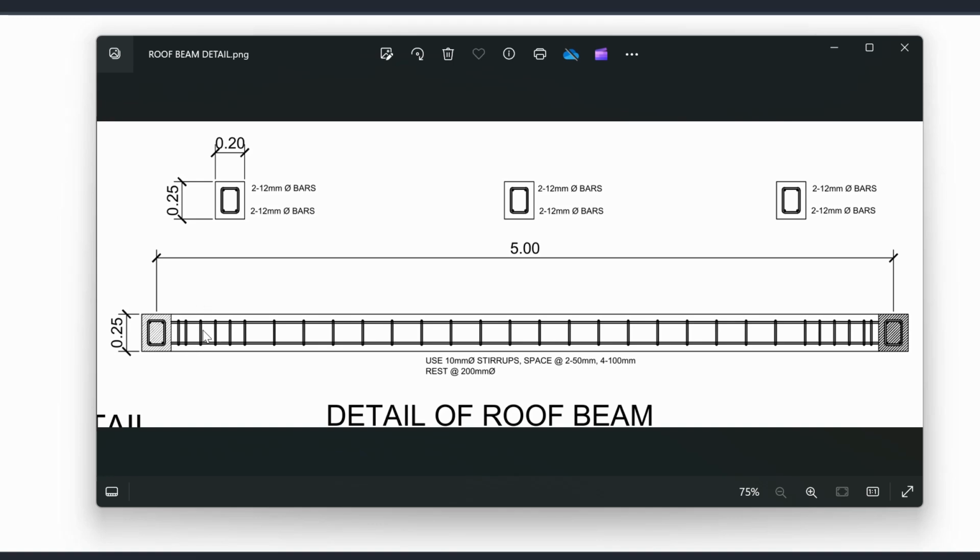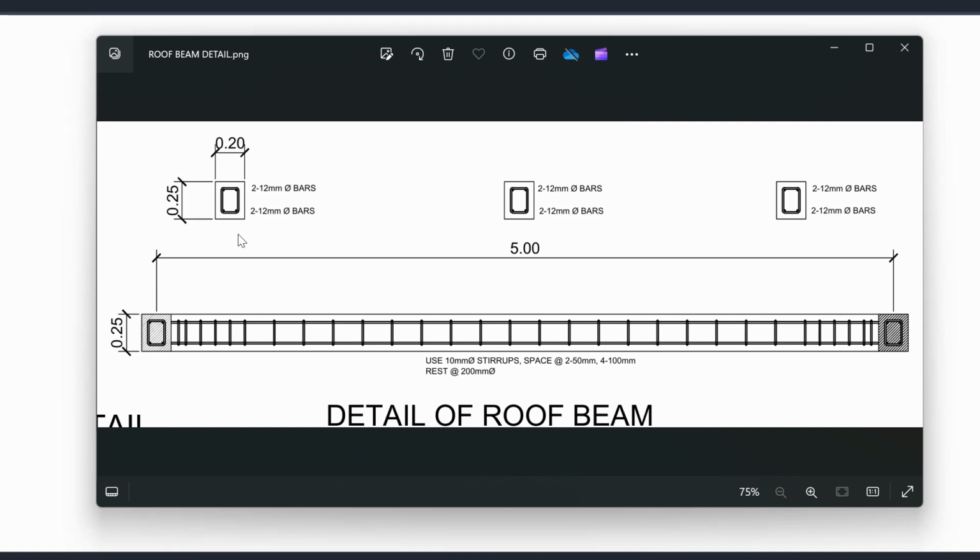But as you can see, because this is just a simple roof beam, they are just the same. Usually in other, bigger beams, we have for example 3 here, 3 in this bottom part, and then 3 again here. But let's just focus on this example, okay?